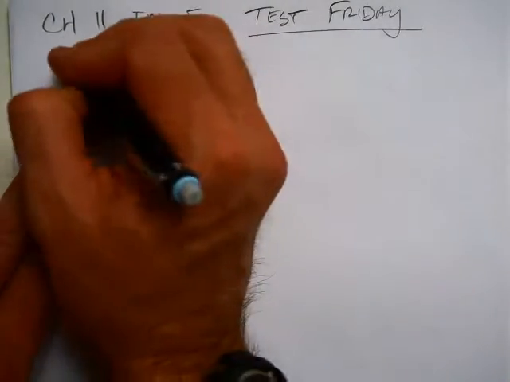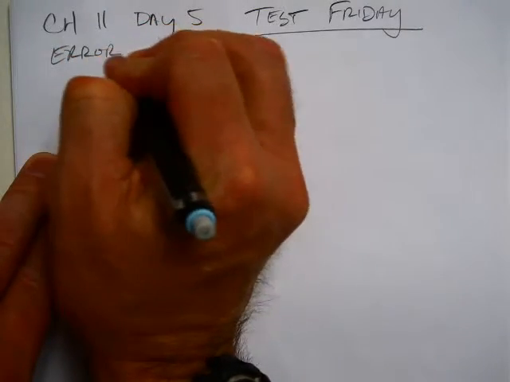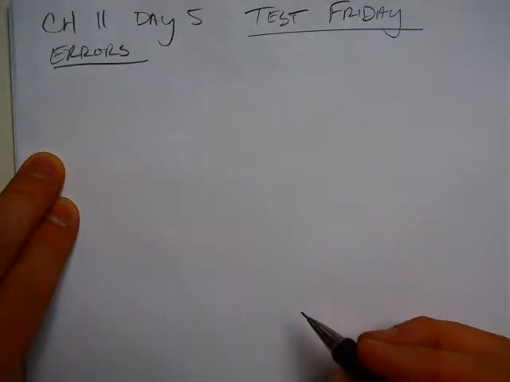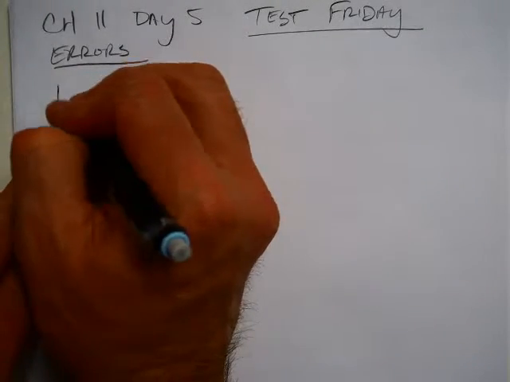So we're going to be looking at errors today. What if an error is made? What are they? The first one is a type 1 error.